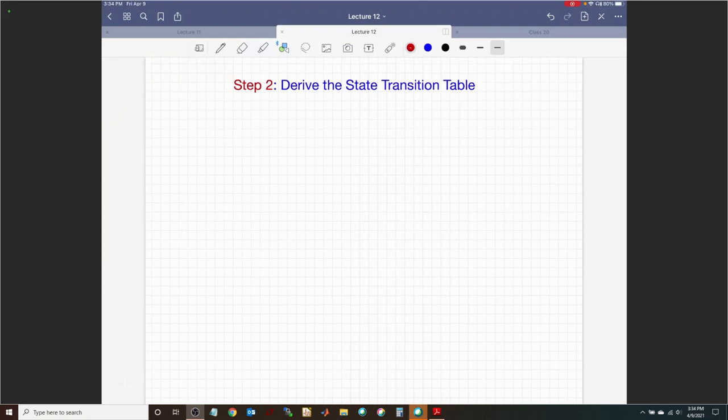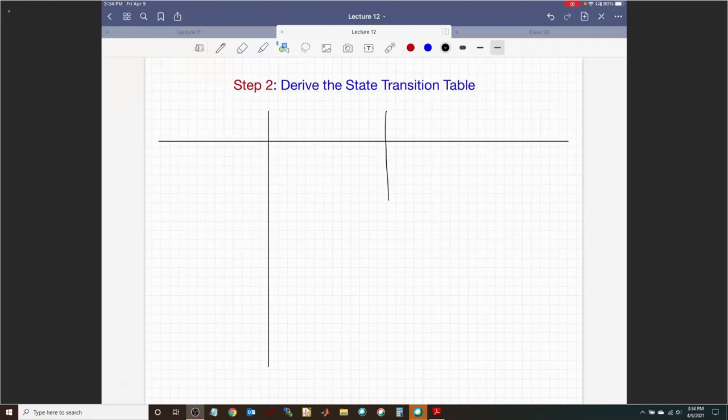So let's try to draw the state transition table here. I will draw a really big table. Let's say we have QC to indicate the most significant bit of the counter, QB and QA. These are 3 outputs of the 3 flip-flops that we are going to need.